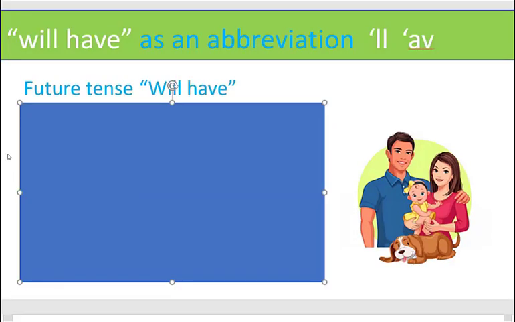Okay, finally to recap, we're going to look at one more thing. We're going to look at another abbreviation, but this time in the future tense. This is where a lot of people get confused because the "will have" gets significantly shortened. It's abbreviated. So let's have a look at how "will have" gets shortened.